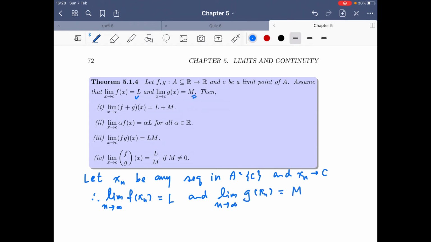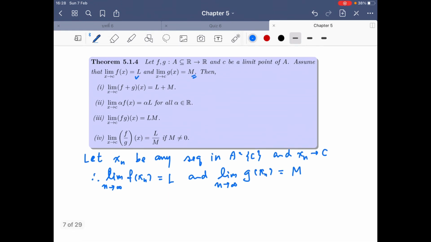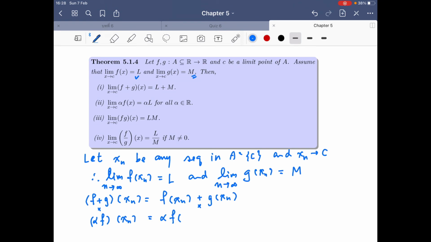By definition, f plus g of xn means f of xn plus g of xn, and alpha f of xn means alpha times f of xn.